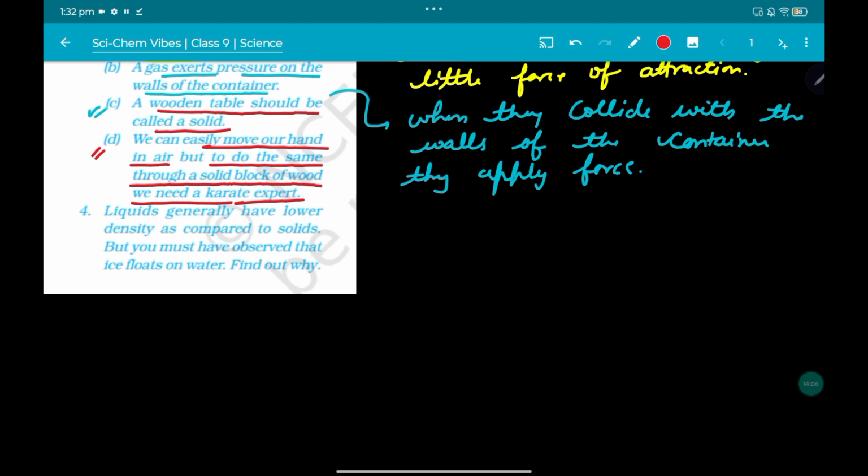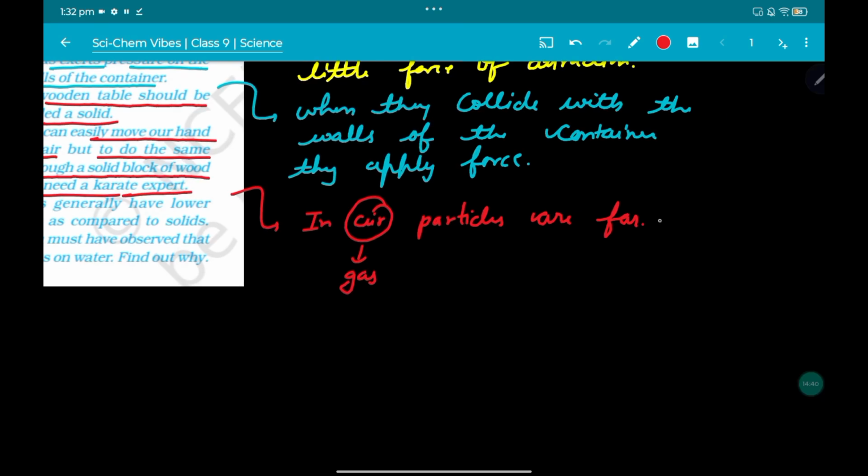We know that air is an example of a gas. So in gas, particles are far away and it contains a large amount of space between them. So in air, particles are far apart and forces are weak.